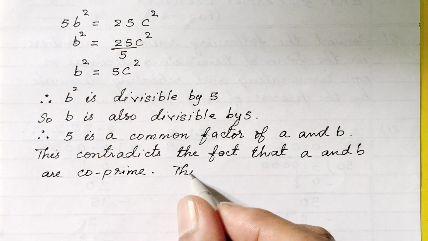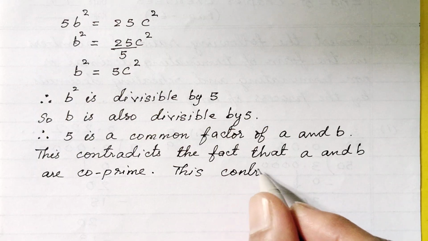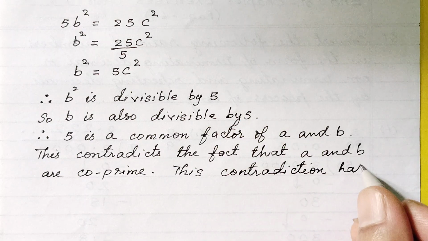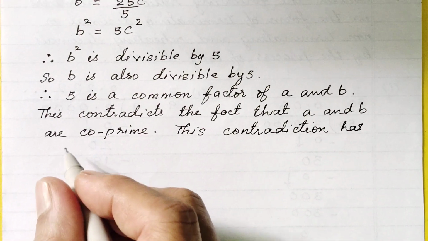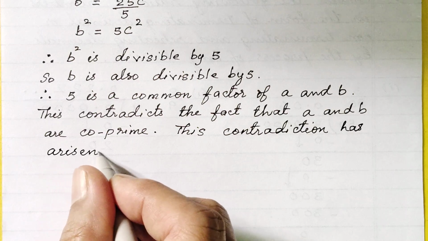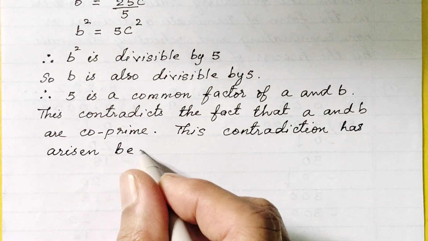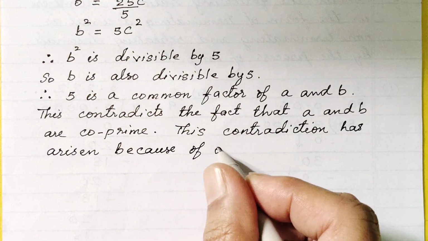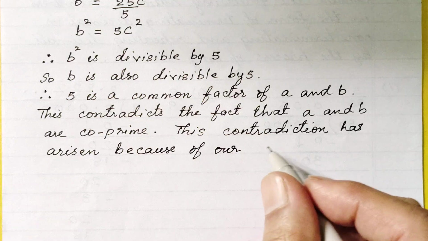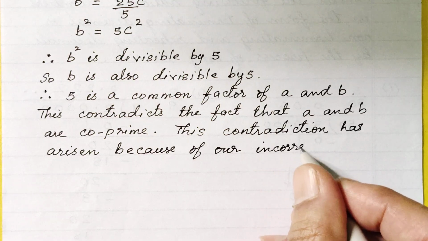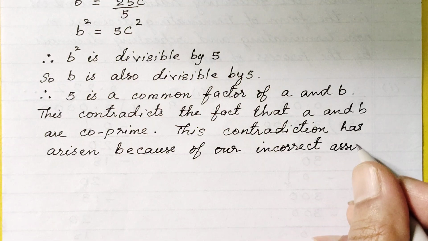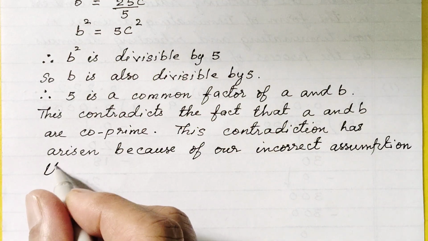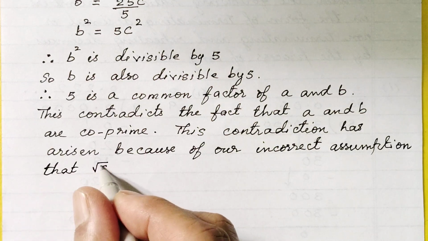This contradiction has arisen because of our incorrect assumption that root 5 is rational.